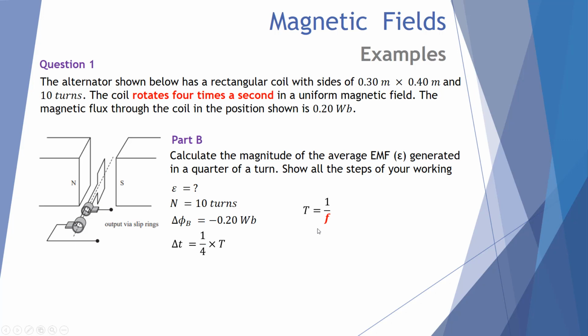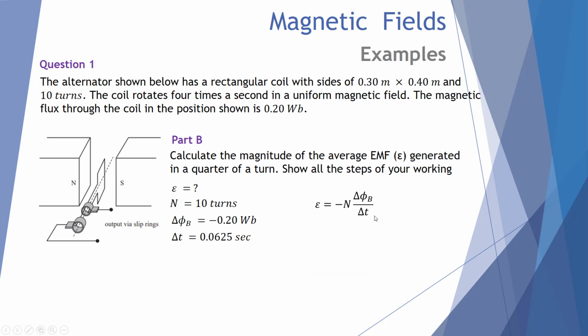So let's look at our overall period for one complete rotation. It's 1 over the frequency. It's the reciprocal of the frequency. And it rotates 4 times a second. That means if something is rotating 4 times a second, the period it takes for one rotation will be 1 over 4. So the period for a full rotation is 0.25 of a second. Now we're after the time it takes for a 1/4 rotation. So it's 1/4 of the total 0.25, which gives me a delta T of 0.0625 seconds.